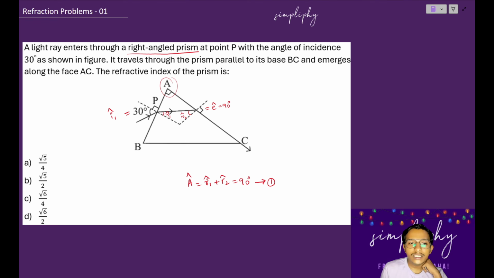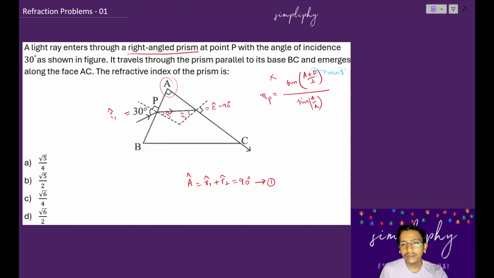Now, for a prism problem, we think of solving it using a simple equation, that is, the refractive index of the prism equals the ratio of sine of (A plus D) divided by 2 to sine of A divided by 2. For this problem, this equation can't be used because D represents the minimum deviation.